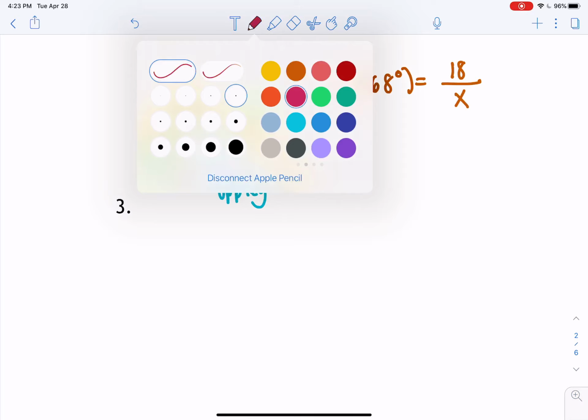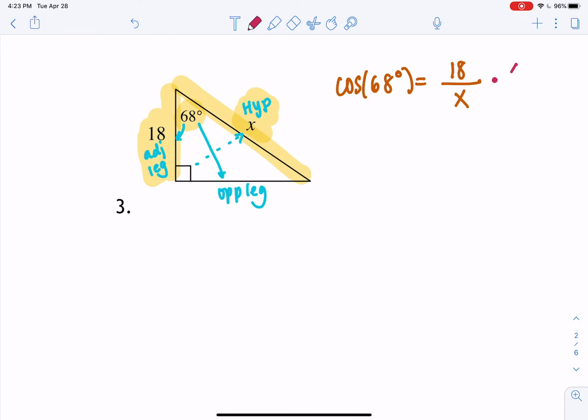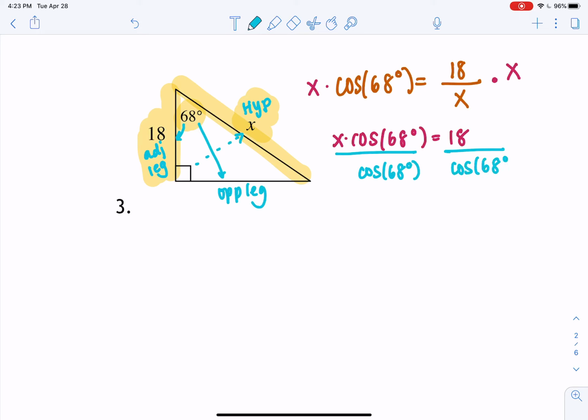We're going to do a similar process to the last problem where we multiply by x to undo, get it out of the denominator. Then we will divide by cosine of 68 degrees to undo multiplication. x is equal to 18 divided by cosine of 68 degrees.